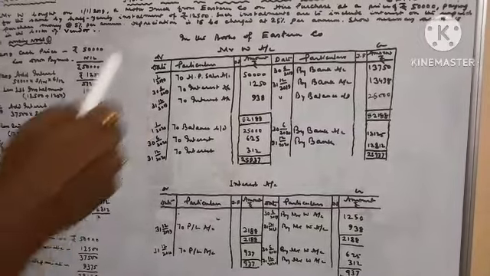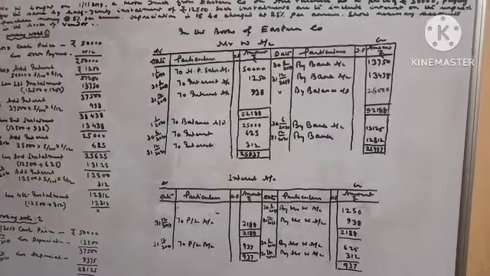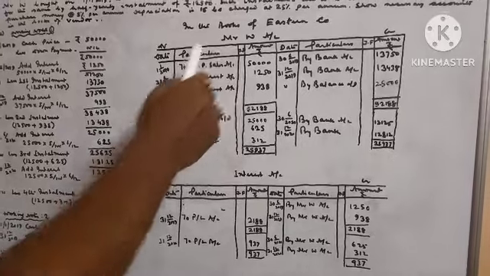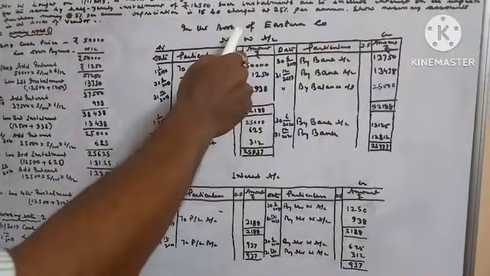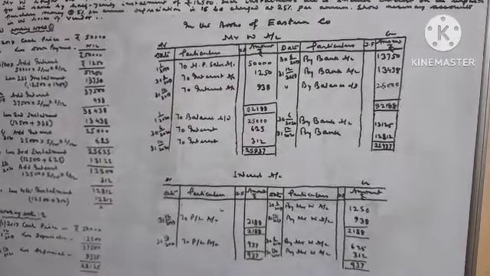Now, in the books of Eastern Company, on the date of delivery, the entry will be buyer account debit to HP sale. Here the buyer is Mr. W. So Mr. W account debit to HP sale, amount will be 50,000.